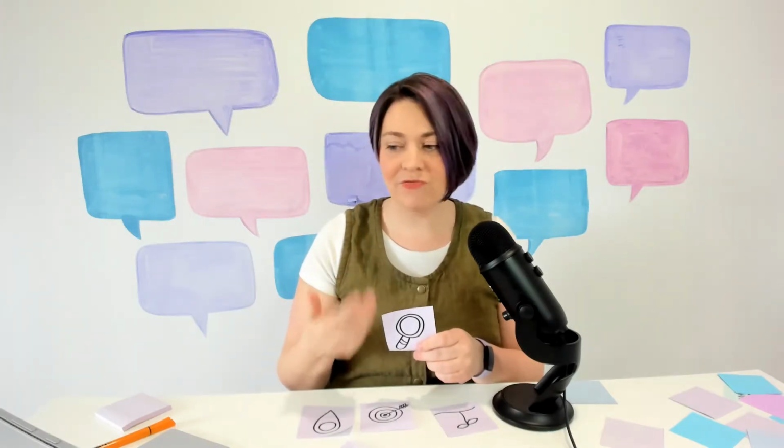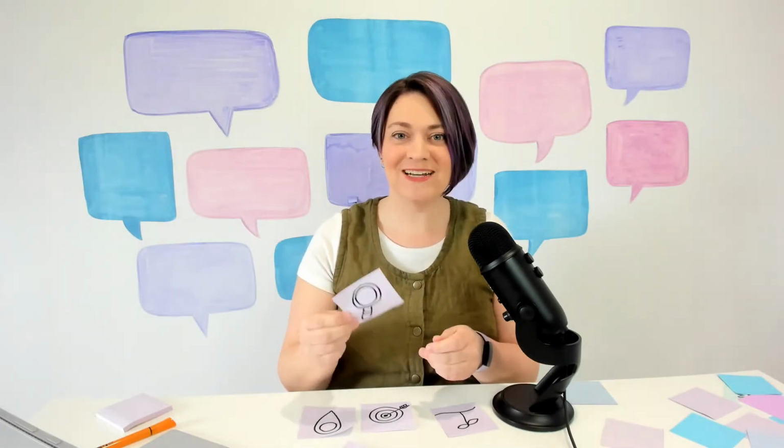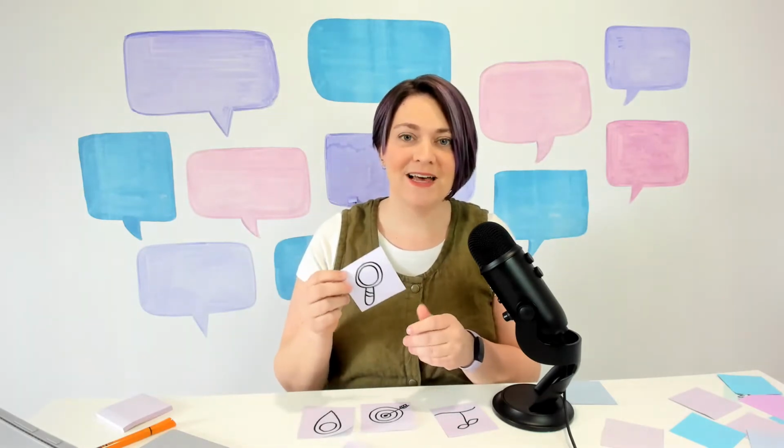So for a magnifying glass, you can draw it if you want to magnify something, if you want to represent something around focus, research or inspecting or analyzing or identifying or examining. There's lots of different similar types of themes that you can represent with a magnifying glass.